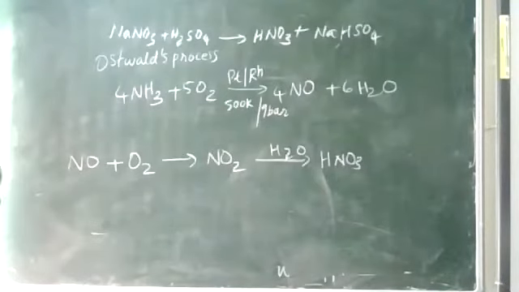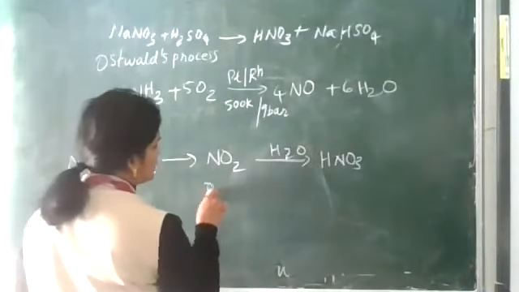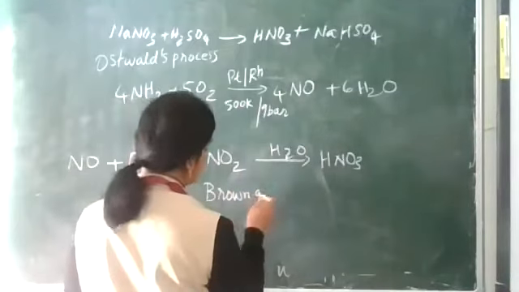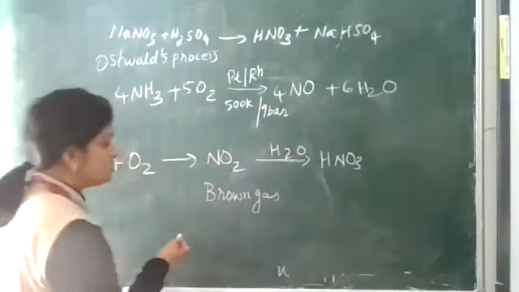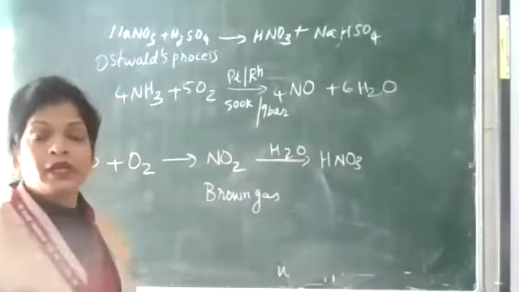This NO, you treat it with oxygen to form brown gas. When NO is released, the oxygen will give you a brown color, that is due to the formation of NO2.